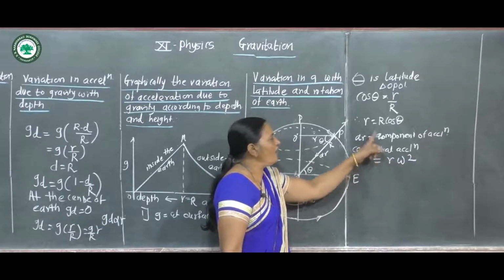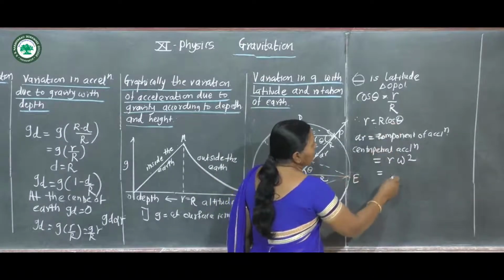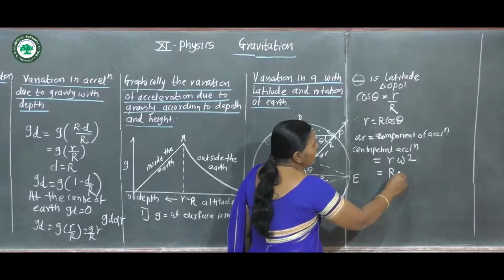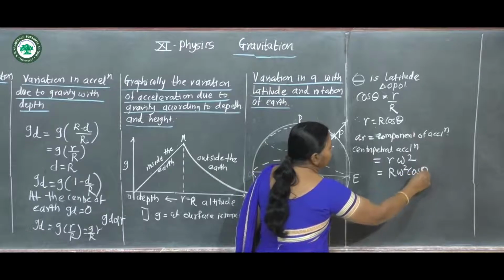Substitute the value of r, that is r is equal to R cos theta, so that the acceleration is R omega square cos theta.